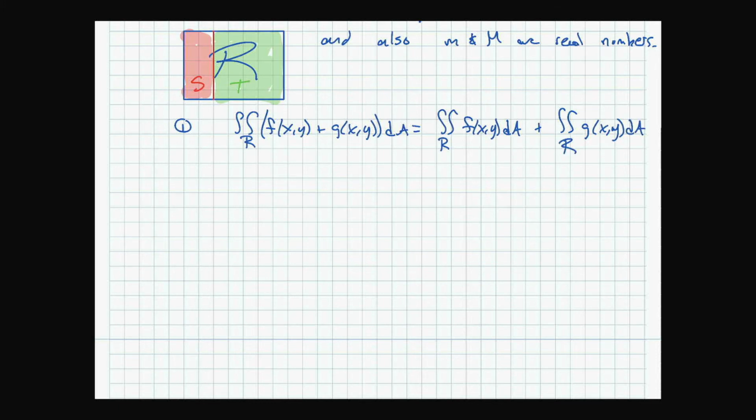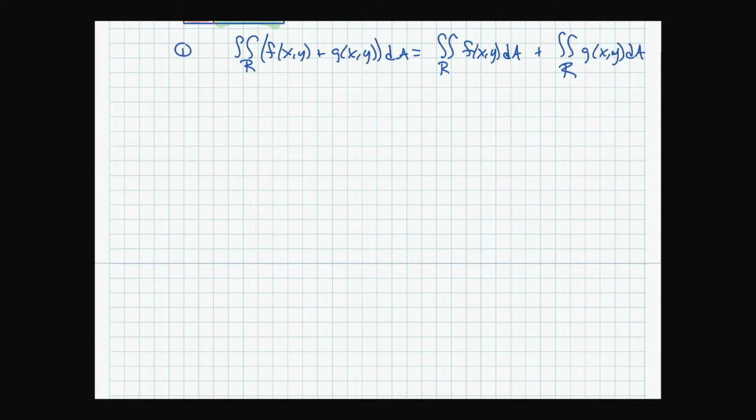So again, basic integral property, right? You split up the integrals and you do them piece by piece if it's addition. Also, you can do that for minus, right? Like if I put a minus.